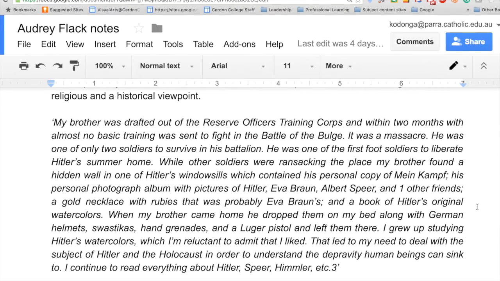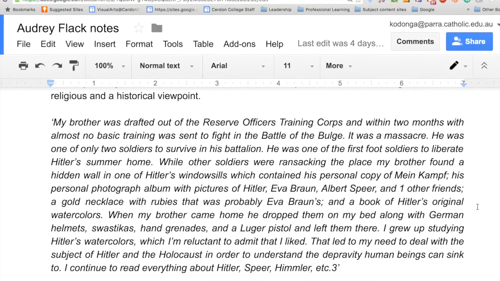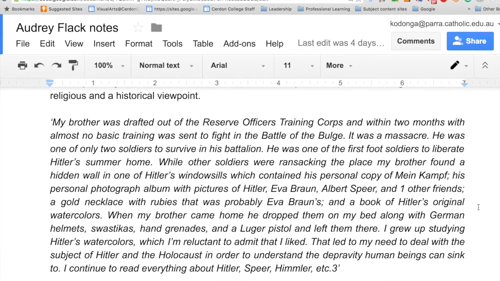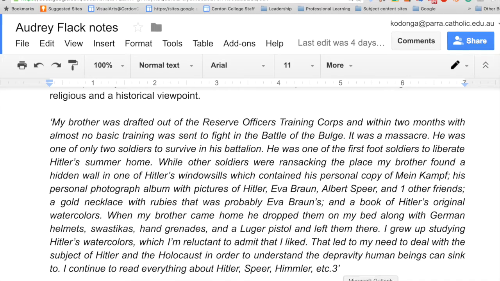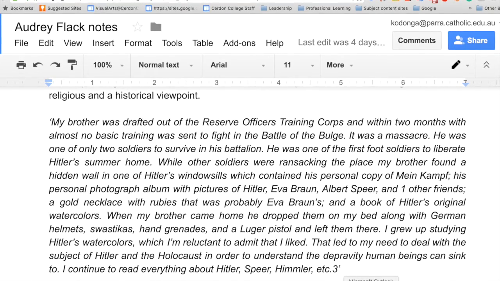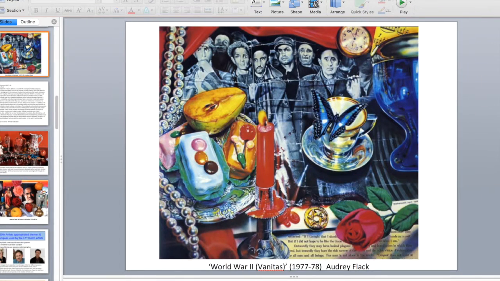Okay, so if we read this particular quote by Audrey Flack, we quickly start to recognise that the artwork I've just shown you, World War II, is more than just a story about her own Jewish heritage.